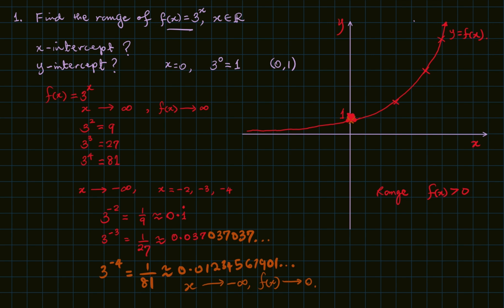So from the x-axis upwards will be our range, but we just need to state that it never touches 0. And that is why you see that my inequality does not include 0. It is f of x strictly greater than 0, and that will be our range.